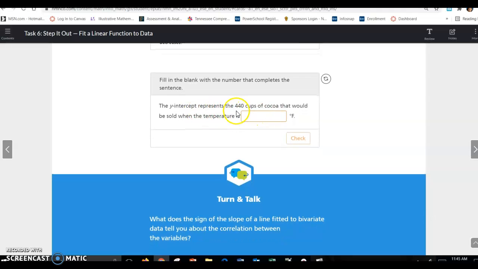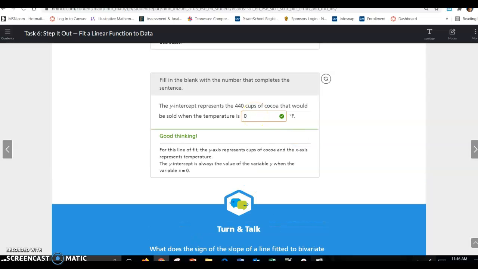The y-intercept represents the 440 cups of cocoa that would be sold when the temperature is, all right, remember, the y-intercept is always (0, y). So your y-intercept is going to have 440 cups of cocoa when the temperature is 0 degrees Fahrenheit. So that's when it would hit 0. All right, if you have any questions, please let me know.